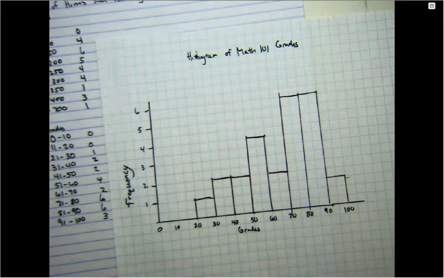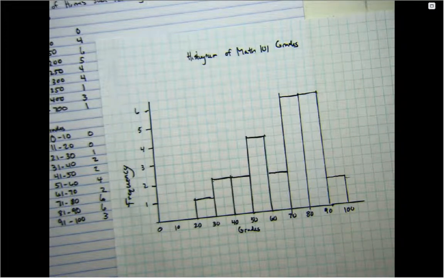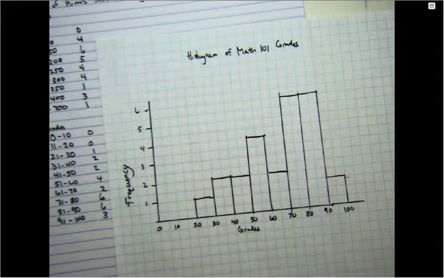So if you made your bins a little differently, where you counted 10 to 19, 20 to 29, 30 to 39, then you're going to have a little different look to yours. Okay? And feel free to let me know if you want me to check yours. Anybody have any questions? Yes?